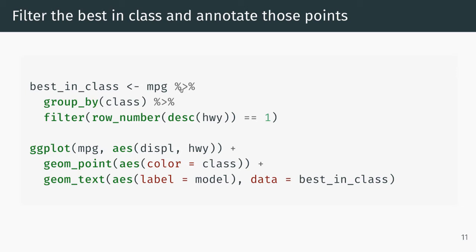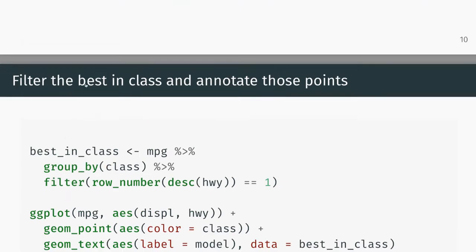And we're using the pipe symbol. So this entire expression that starts here and ends here goes to the assignment operator over here. So we have miles per gallon gets grouped by class, and then we filter the row number by descending highway and only look at where it equals number 1. So that's if we're descending in gas mileage, only the top scoring one gets included.